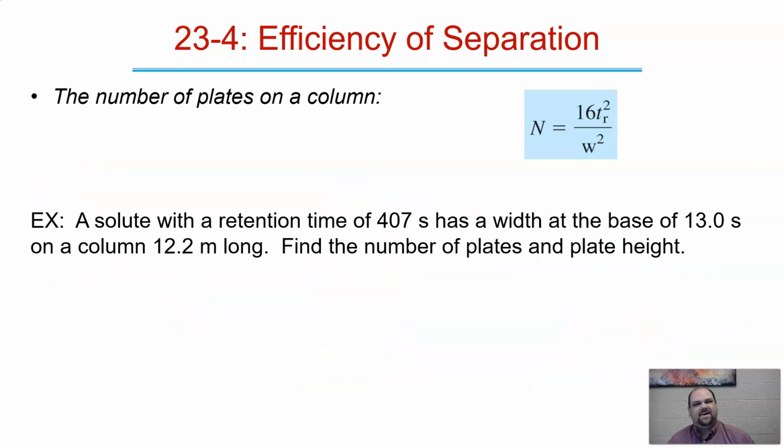When we talk about column and how well a column can resolve, we talk about theoretical plates. This is a topic that comes up sometimes in P-Chem as well. But it's a big deal, especially in the distilling industry. When you distill a spirit multiple times, say vodka or a neutral grain spirit like Everclear, you want to separate the alcohol from the water as much as you can.